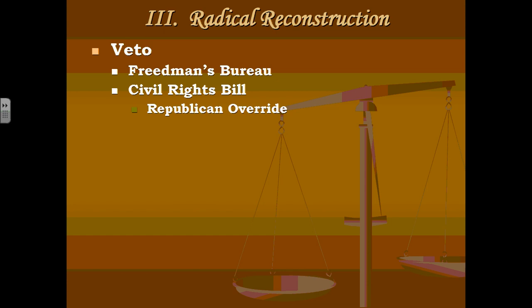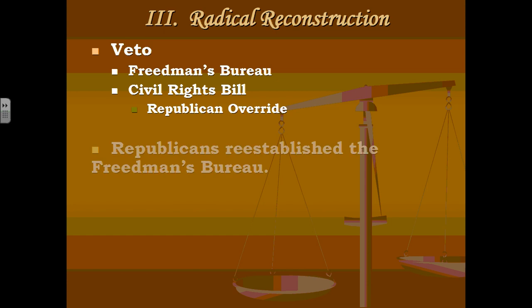For the first time in US history, the Republicans had enough votes in Congress to override the presidential veto. You need 2/3 votes to be able to do that. So Republicans reestablished the Freedmen's Bureau, and there were more reports of more violence in the South.